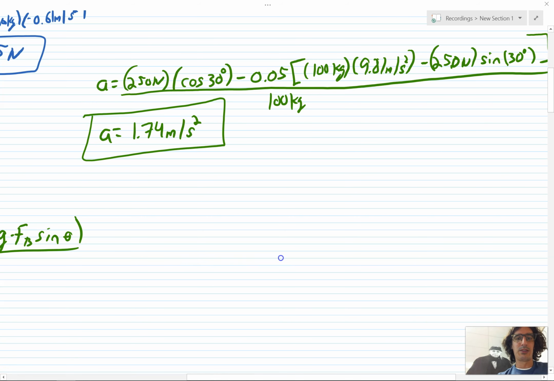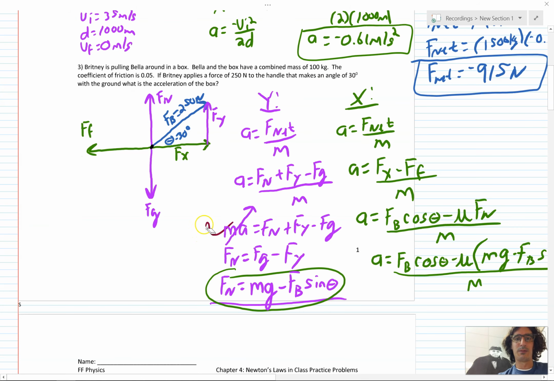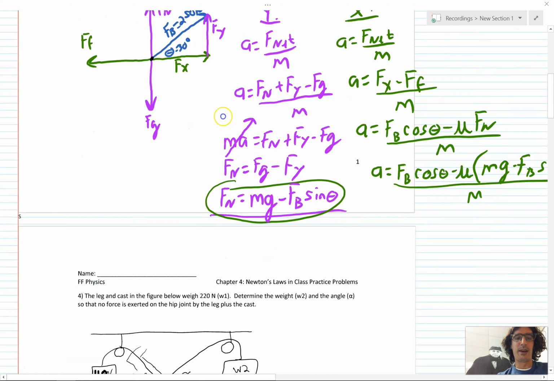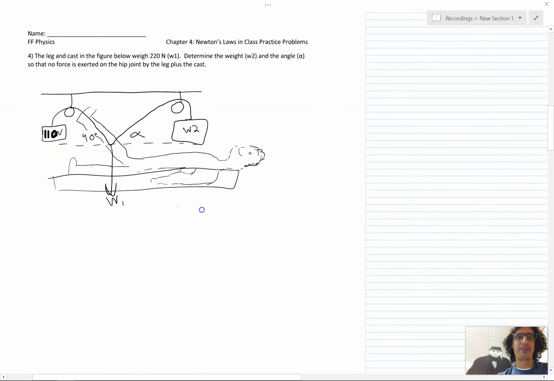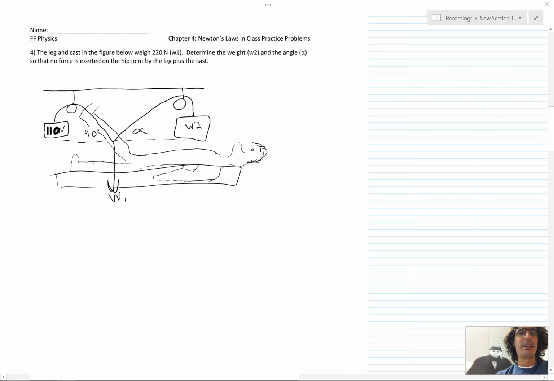Let's look at number 4. The leg and cast in the figure below weigh 220 newtons. That's W1. Determine the weight, W2, and the angle alpha so that no force is exerted on the hip joint by the leg plus the cast.